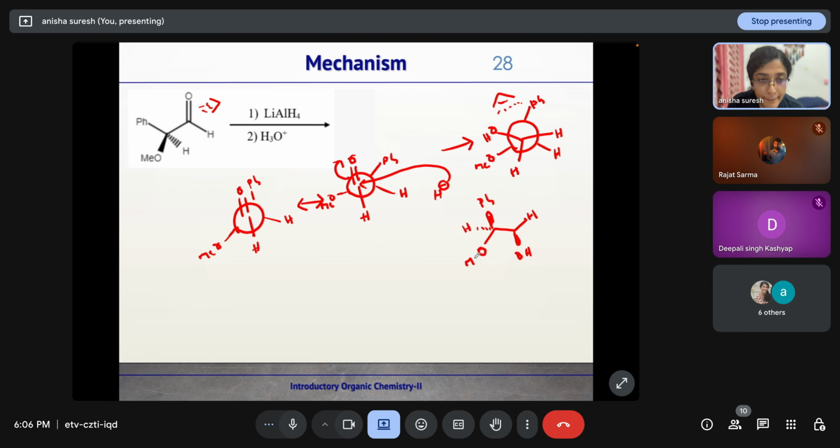OMe. Now we have to rotate in such a way that the Ph will be coming on the plane.